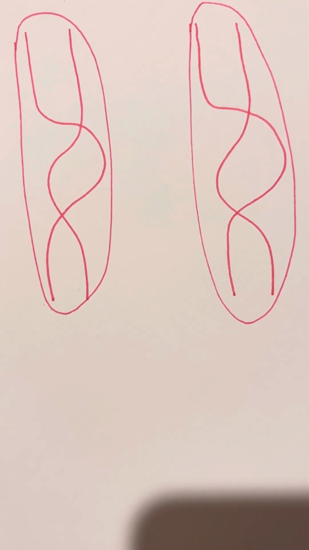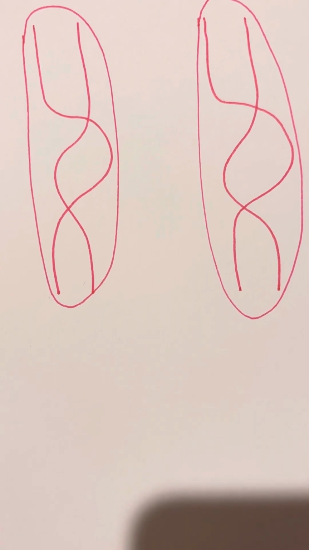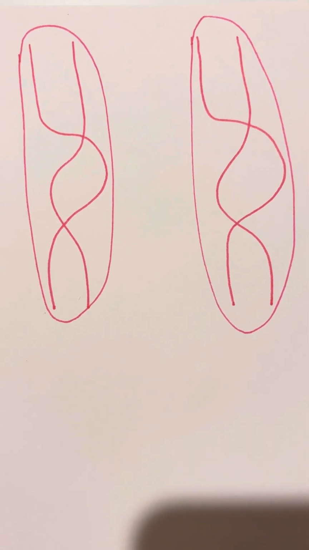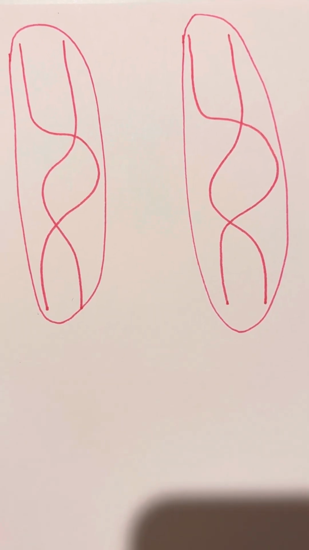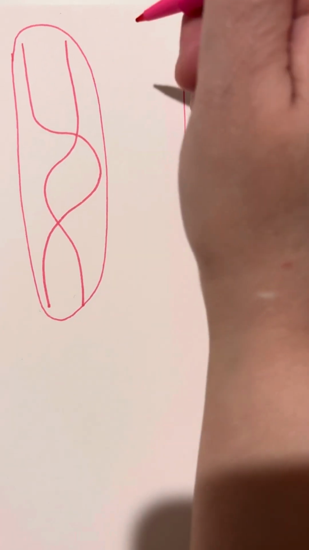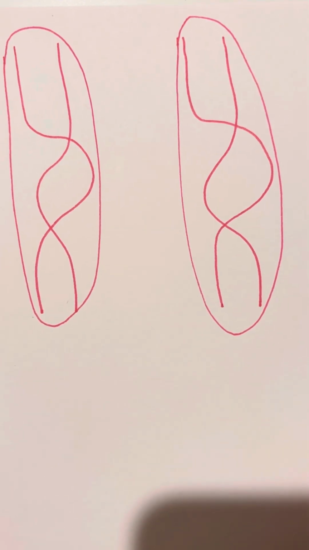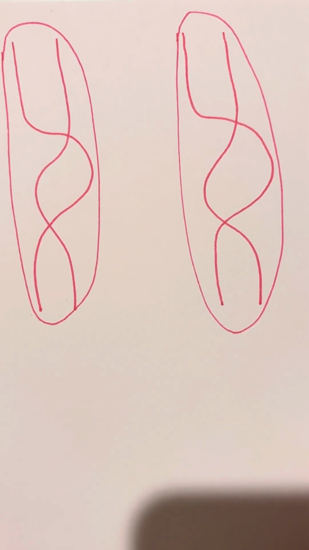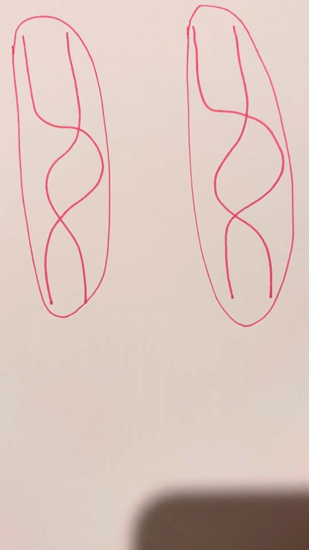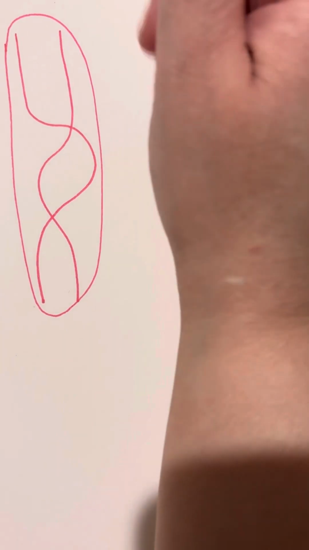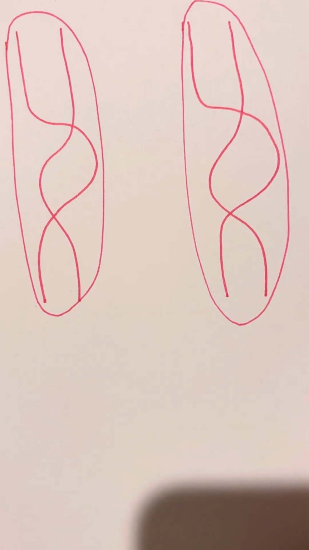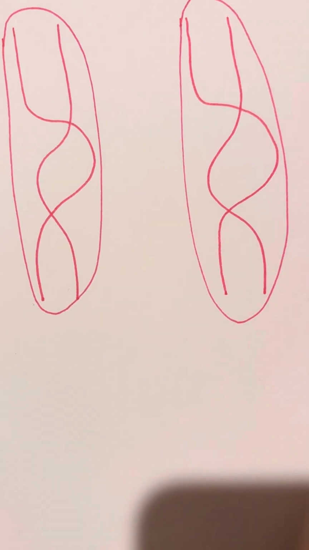So DNA contains our genetic code. DNA is composed of 4 different letters in random order, and every person has a different order. The 4 letters that DNA is composed of, we call these letters nucleotide bases.